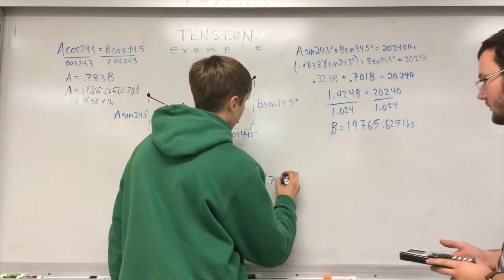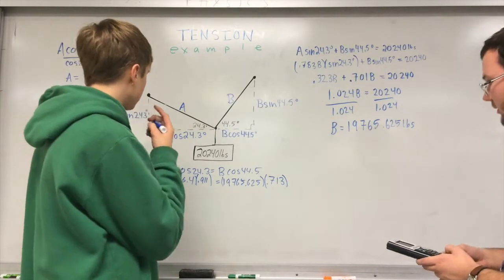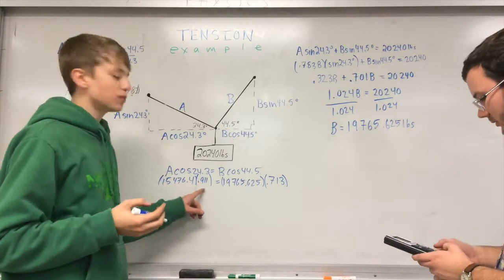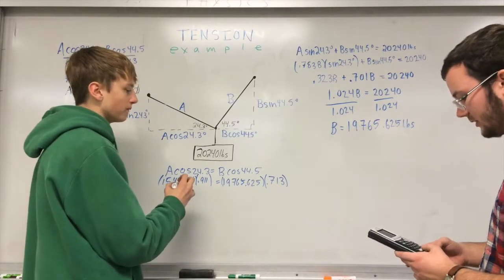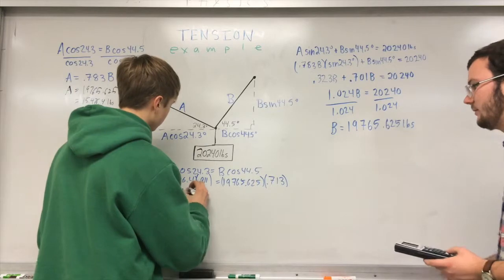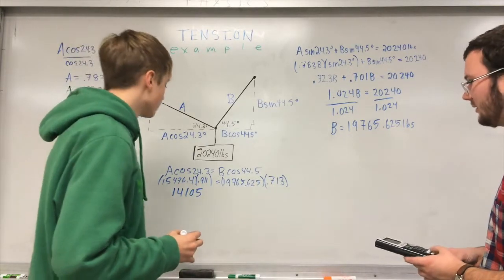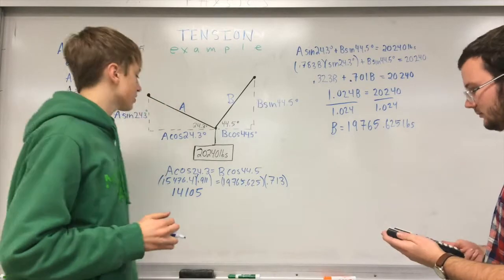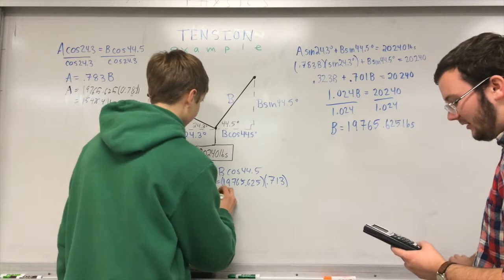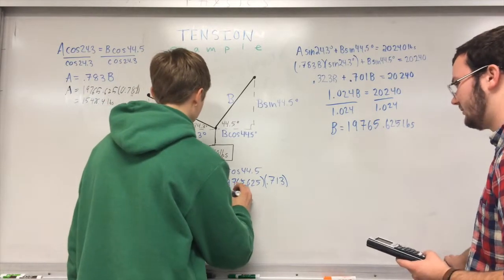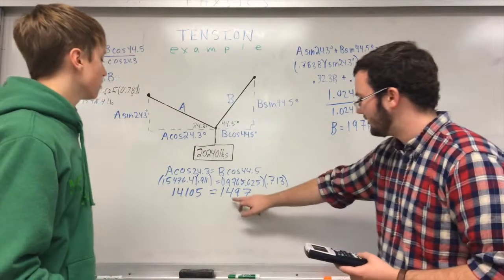Now, after doing these calculations out, we find that 15,476.4 times 0.911 equals 14,105.5, and 19,765.625 times 0.713 equals 14,097.